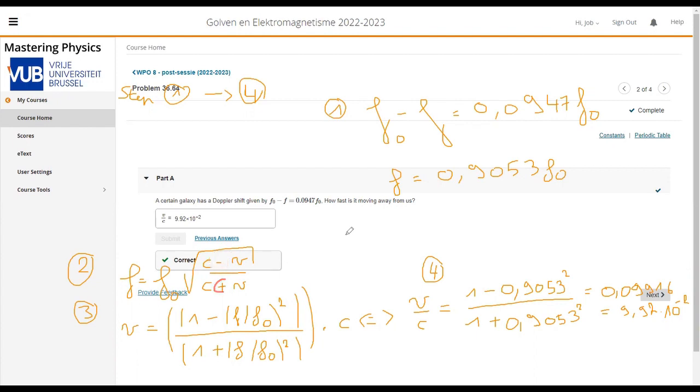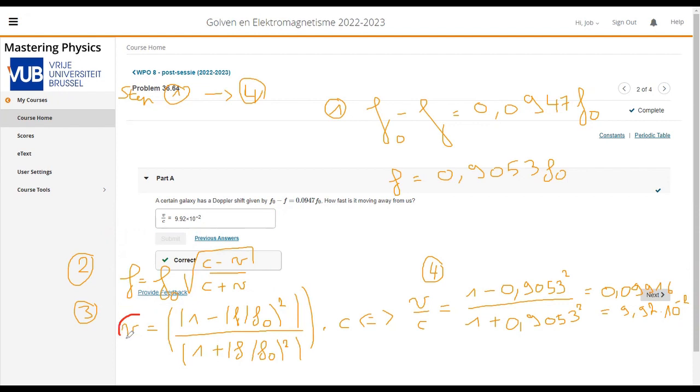But if it was coming toward us, then it would be plus and minus the other way around. Because they say it is moving away, very important, you have to use minus and plus. You will find this in your book, it's the formula for Doppler shift with light, not only with sound.